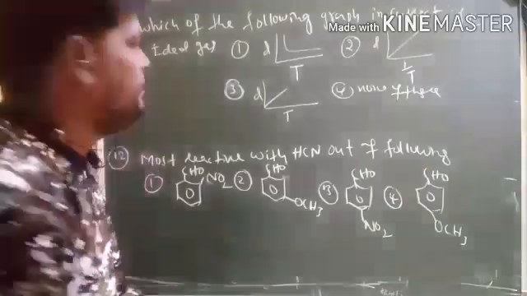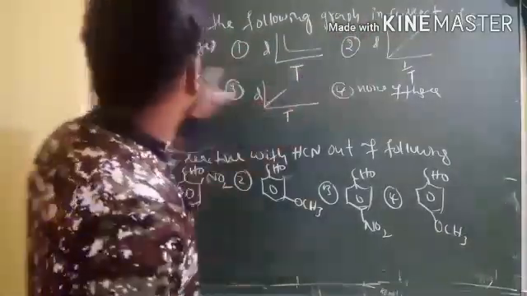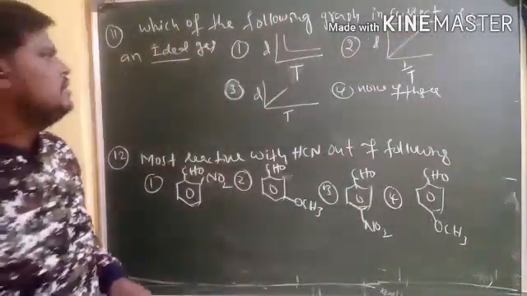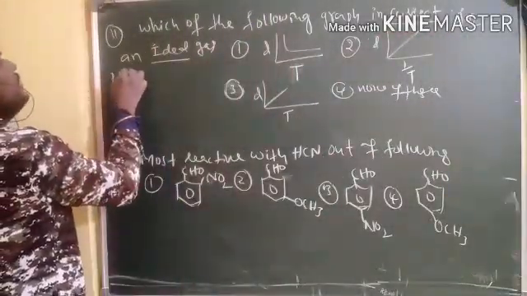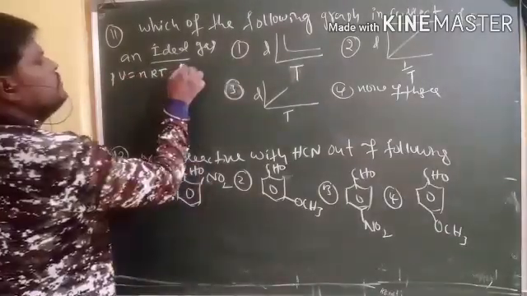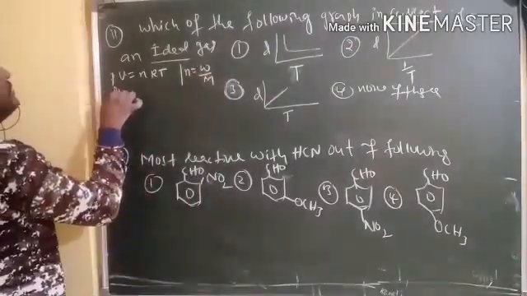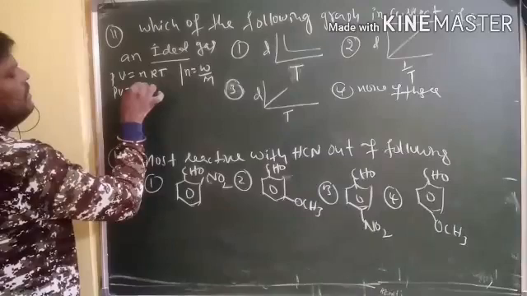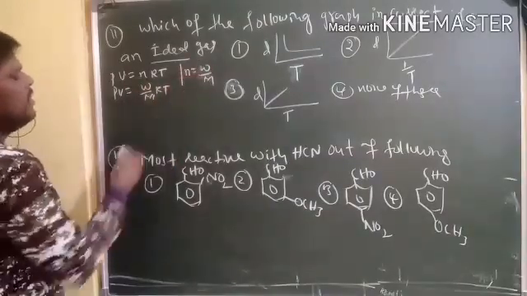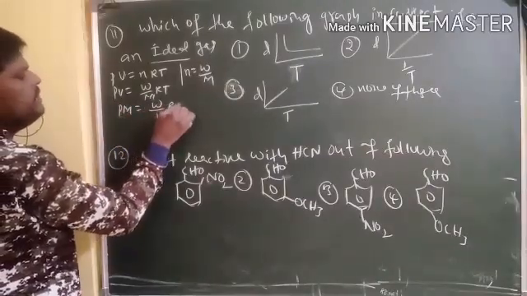Next question: which of the following graphs is incorrect for an ideal gas? So what is the ideal gas formula here? PV is equal to nRT, right? So n is equal to given weight by gram molecular weight. So PM is equal to W by V into RT.